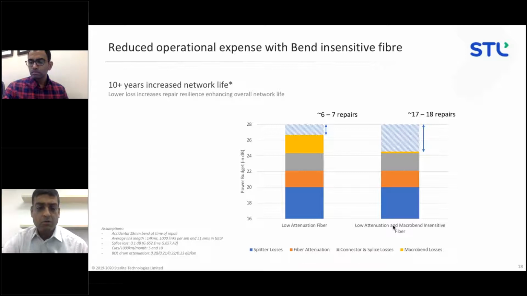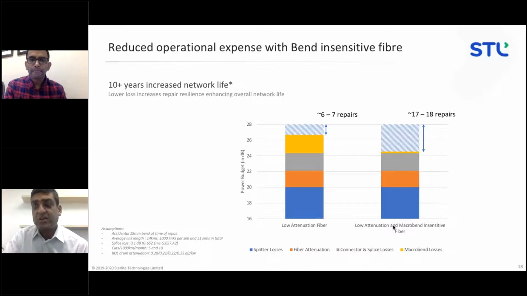Now, what happens is that because the macrobend losses are significant, we don't leave ourselves much room for repair. Typically, 6 to 7 is our estimate based on our studies at Sterlite. However, when we add bend insensitivity to the low attenuation, which is essentially a G.657.A2, what we see is that the macrobend losses go down so significantly that it tolerates more than double the number of repairs or cuts that we typically do.